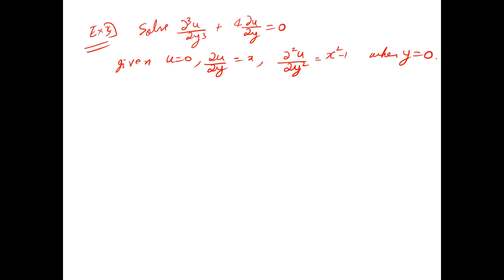So in the last example x was 0, here they have given y is equal to 0. So the changes will always be done from the exam point of view. X will change to y, y will change to x.